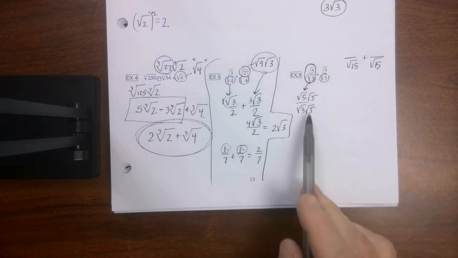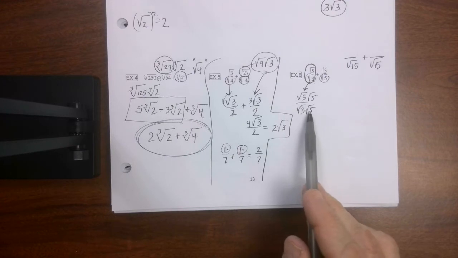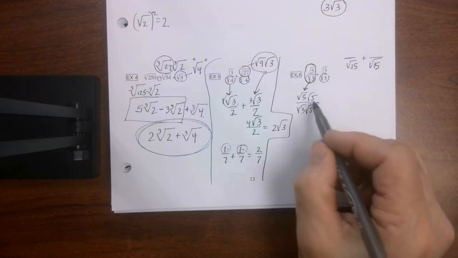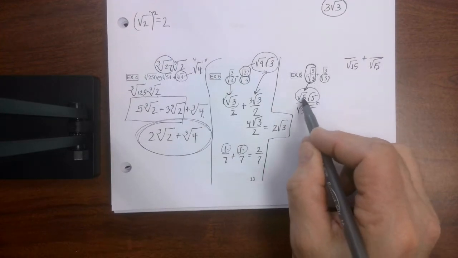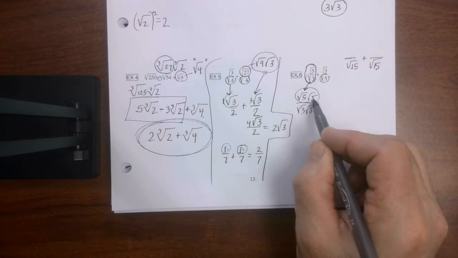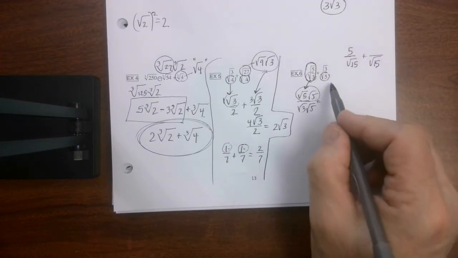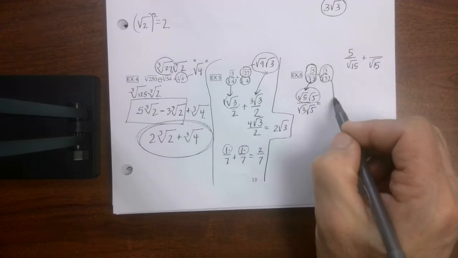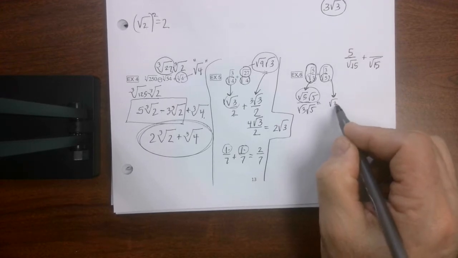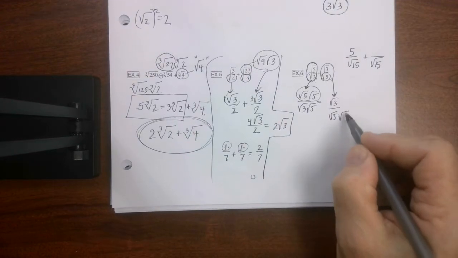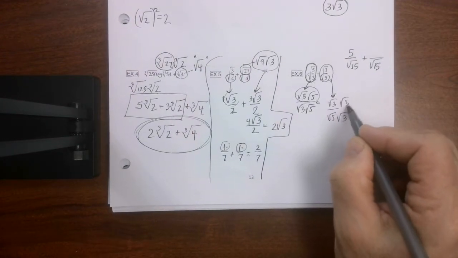Notice we're not worried about getting the radical out of the denominator right now. We're just trying to get common denominators. And look what happens. We end up getting square root of 5, square root of 5 is the square root of 25, which is just 5, over the square root of 15. Now we're going to do the same thing to this, same-ish, square root of 3, square root of 5. On this one, we need common denominator, so it's got to be square root of 3, square root of 3.